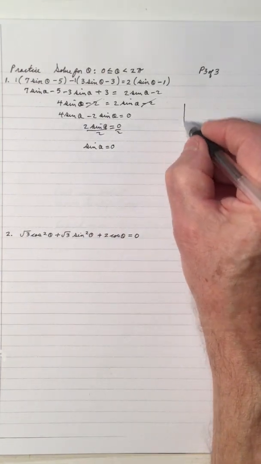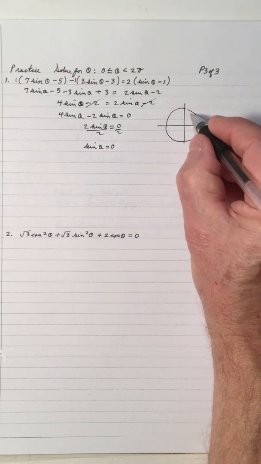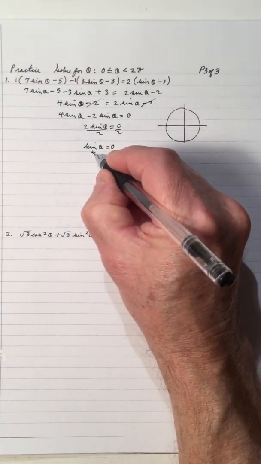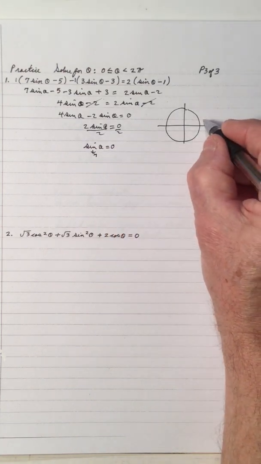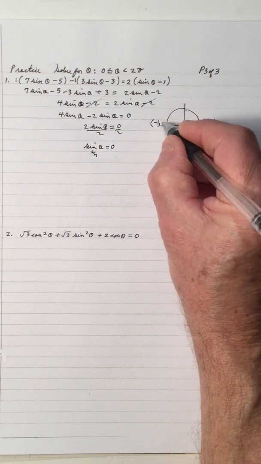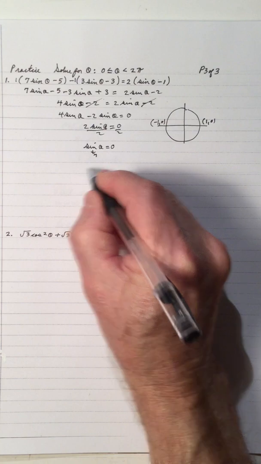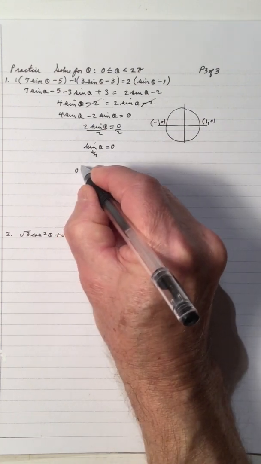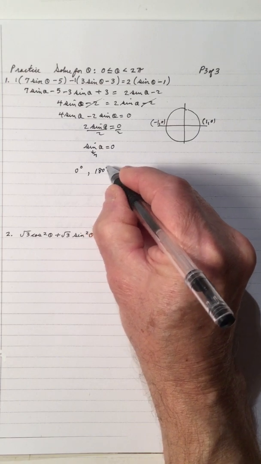And if we got sine theta equals 0, that means we're talking about the quadrantal angles. So sine is the y. So where is y 0? So that's right here, 1, 0. This is negative 1, 0. So sine is 0 at 0 degrees and 180 degrees.